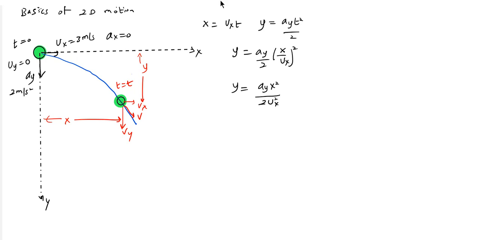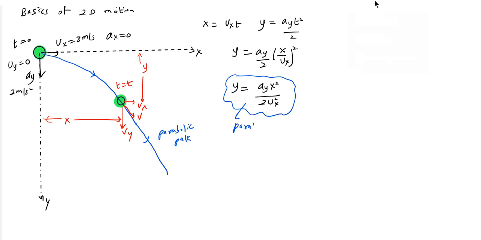So what is the path of the particle? It should be a parabolic path. This is our primary equation, and this equation represents a parabola.